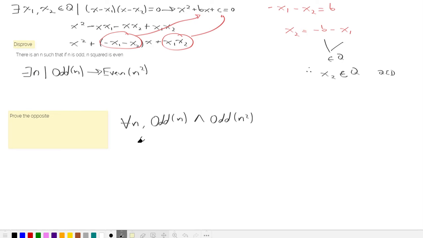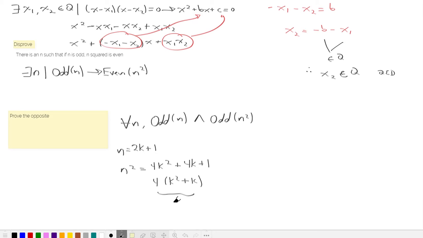So let's try that. 2k plus 1. If I square it, let's see, foiling this out gives me 4k squared plus 4k plus 1. Well, 4 times anything is itself even, because k is an integer, so k squared plus k is an integer.